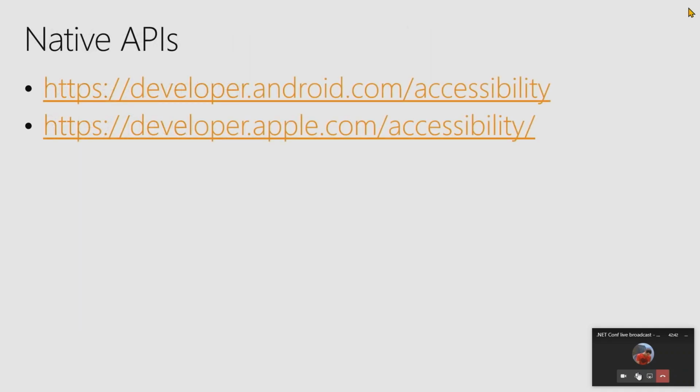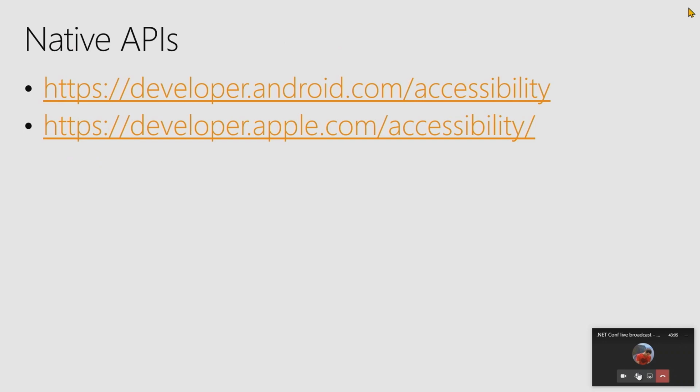And as we are talking about Xamarin, and Xamarin develops awesome native apps, I have here in this slide, if you want to take a screenshot, the links for Google's and Apple's documentation related to accessibility.